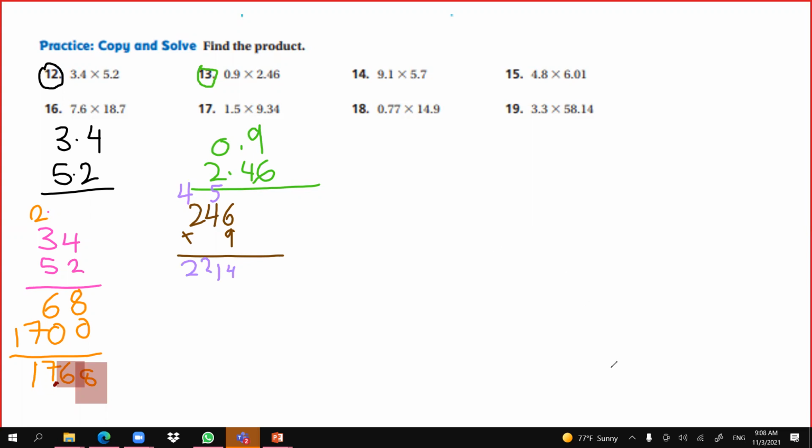Then where do you have to put the decimal point? Here you have 1, here we have 2, here we have 3. So where do you have to put the decimal point? Bravo, between 2 and 2. So the answer is 2 and 214 thousandths.